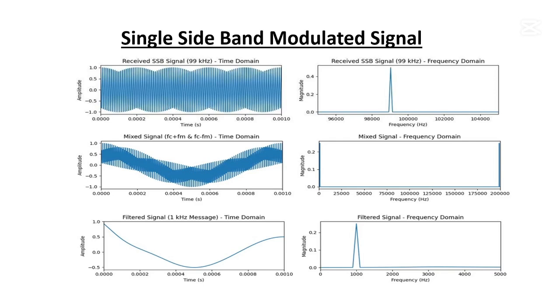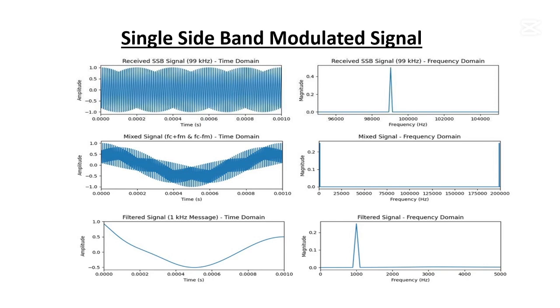And from here you can see that 1 kilohertz is actually our original message signal. And if we pass this through a low pass filter, we can obtain our lower sideband, which is actually our original message signal, and in the time domain it will look like this.